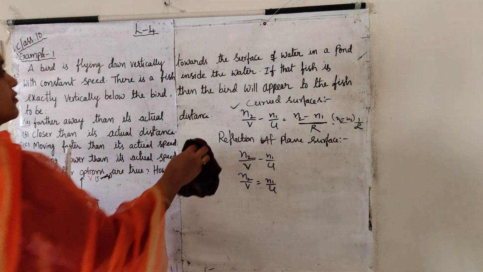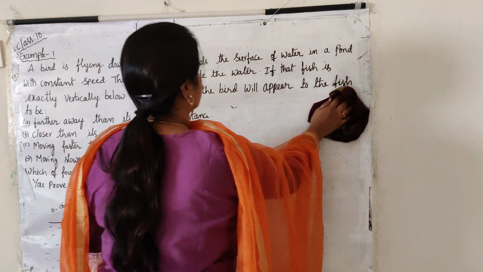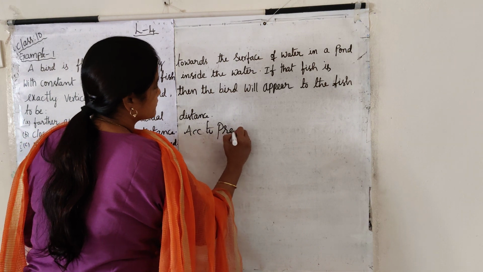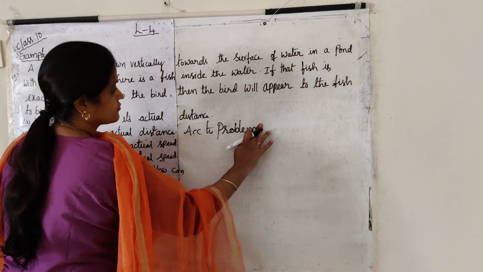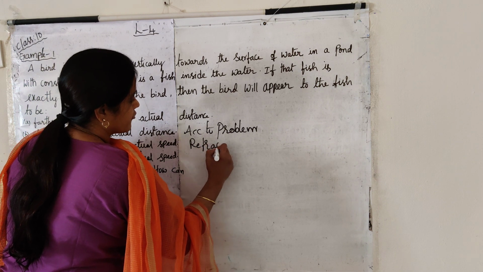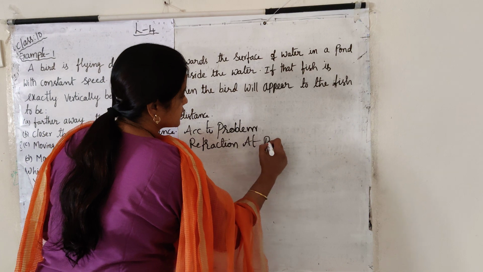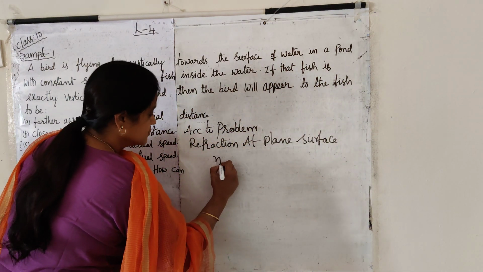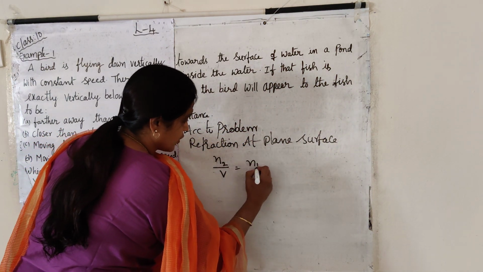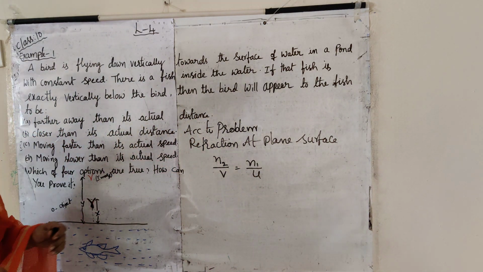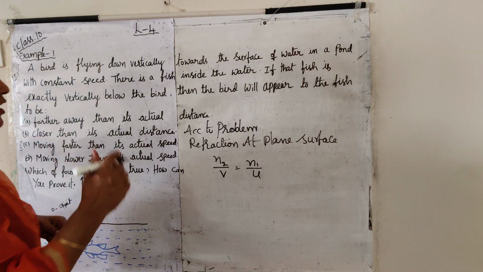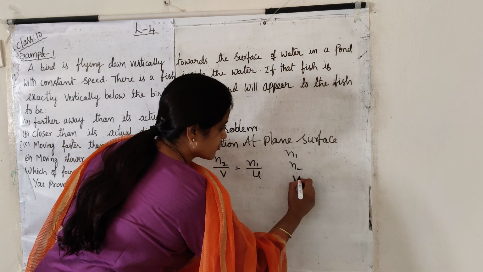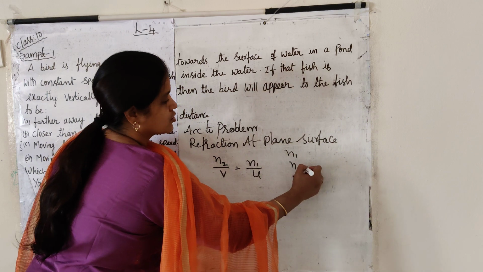Now, according to the problem, refraction at a plane surface is N2 by V is equals to N1 by U. Now we have to find out what N1, N2, V are, or otherwise first we'll start with U and V. What are these values?